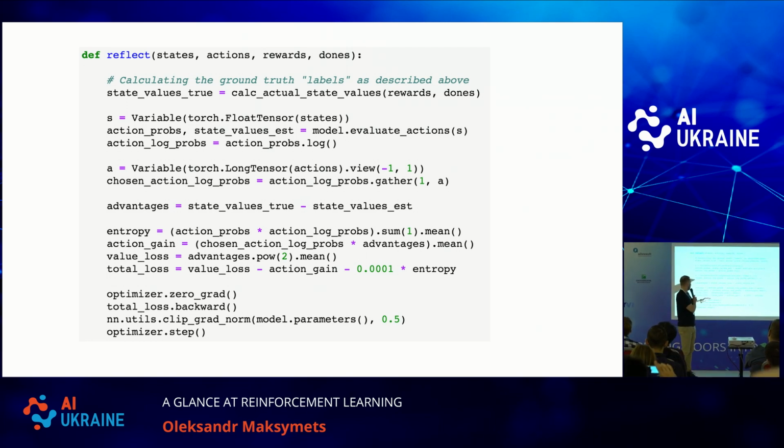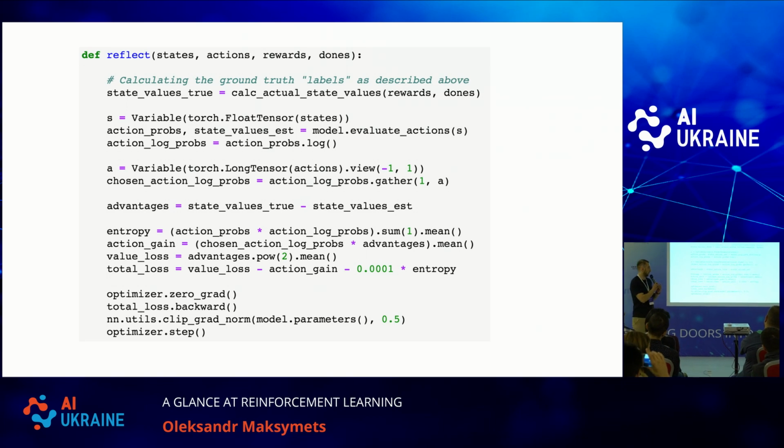After that, we take actions, wrap them into a PyTorch variable, and get log probabilities for the action that was chosen along the way. So for that particular action that our fox took.